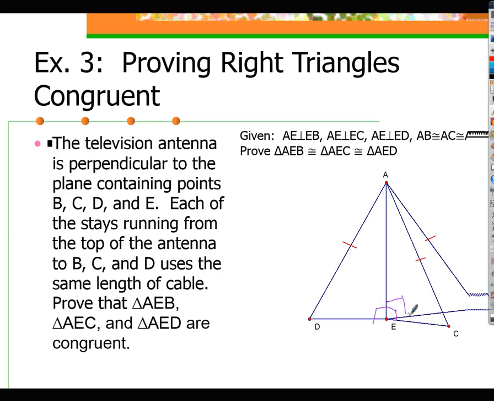You get the idea, they're all mutually perpendicular to the ground, okay? And then that's congruent to itself. They all share the antenna, so they have a common side, which is congruent to itself. And now what's the relationship that allows us to prove these congruent? HL. Yeah. Okay. Good.